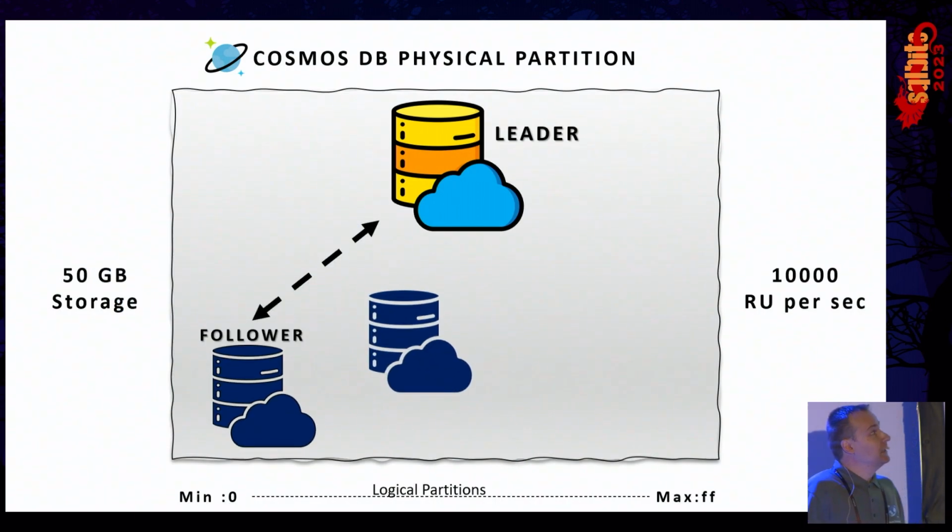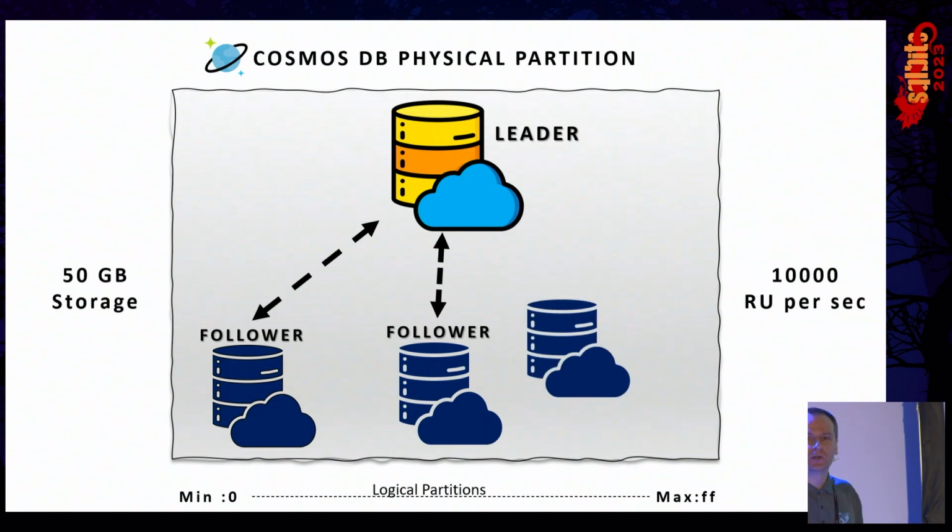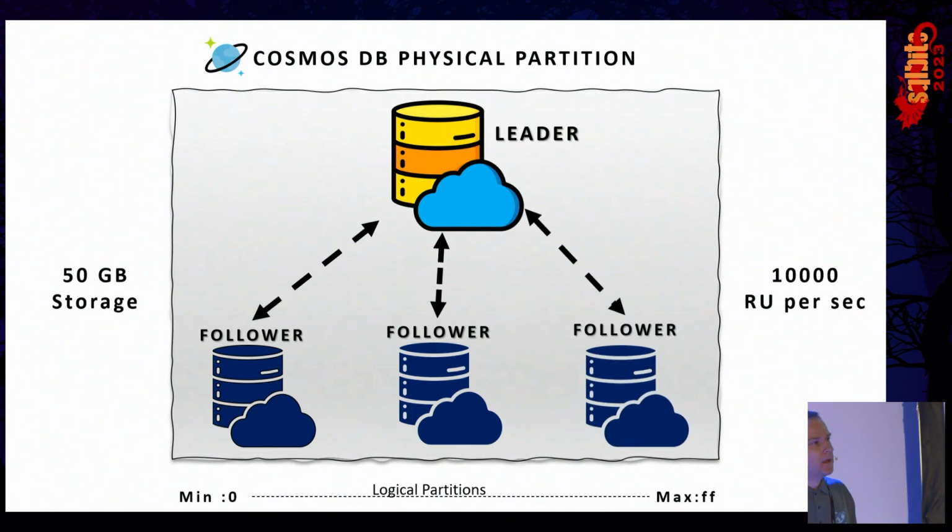So what you see here is this is a physical partition of a Cosmos DB. And this is managed by Microsoft totally, so there's nothing you can really change here. But I guess the thing to know about this one is we have 4 computers in one physical partition. It's a replica set. We have a leader and 3 followers.